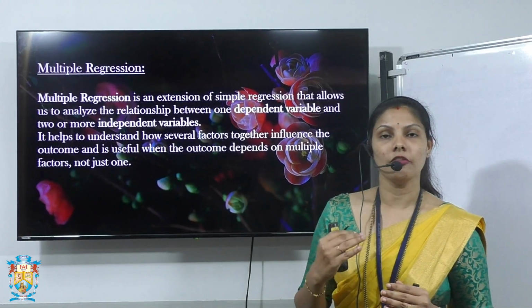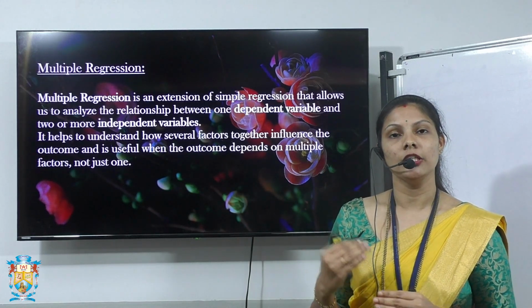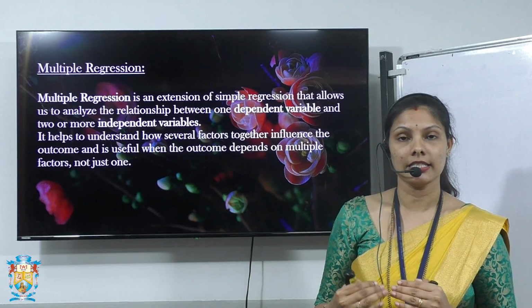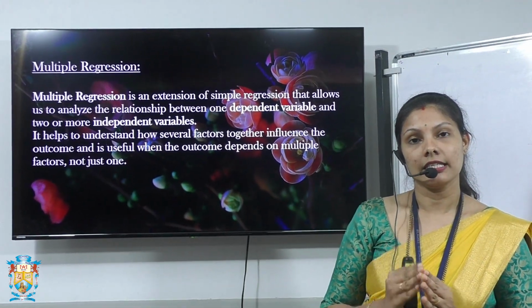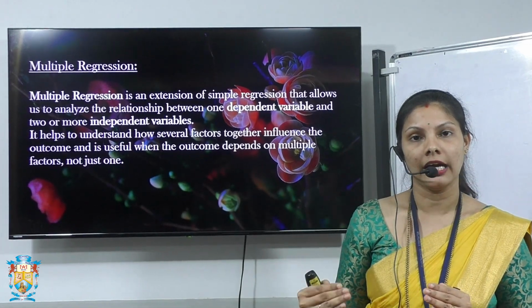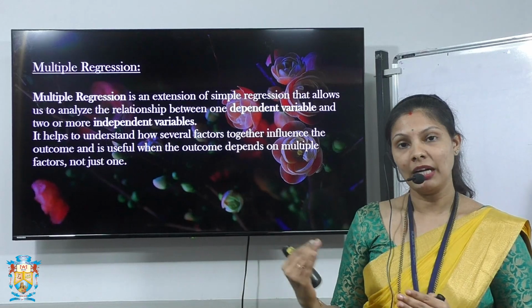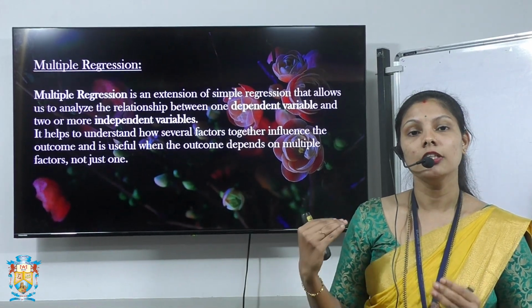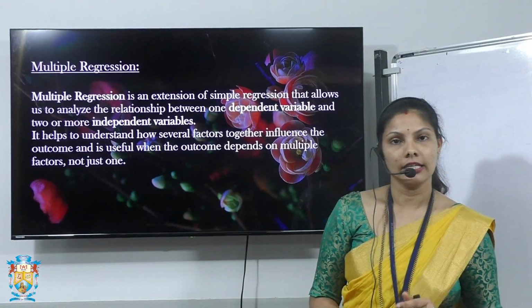Not only doing exercises, but we also need to maintain our food diet. Exercise alone is not enough, it needs a food diet also to reduce our weight. You can observe there are multiple factors affecting weight reduction. That is one example of multiple regression.